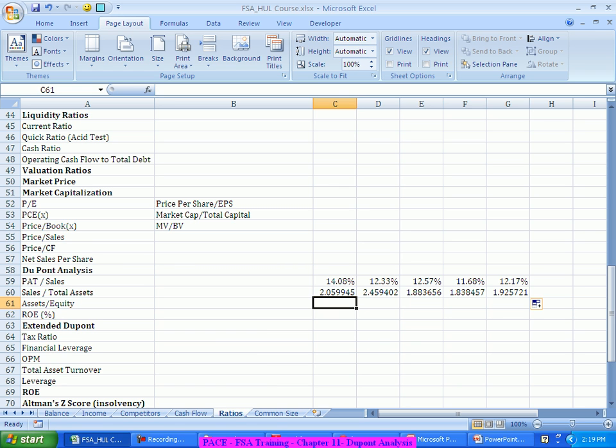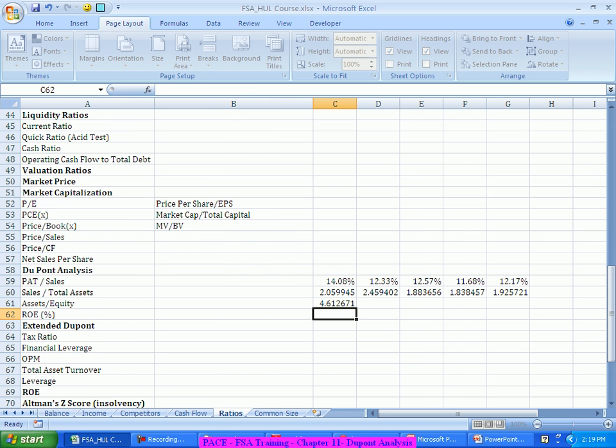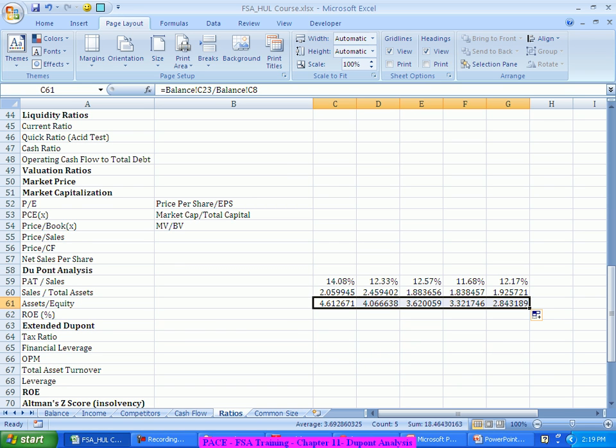Then the assets by equity, I can do it like this. Total assets is this one, divided by the equity, this one. In this ratio also, the company has decreased. So overall ROE might have decreased.